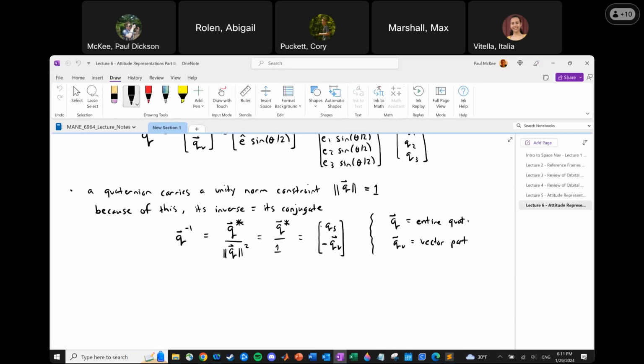So, thus, an attitude quaternion can be inverted by changing the sign of its vector component.